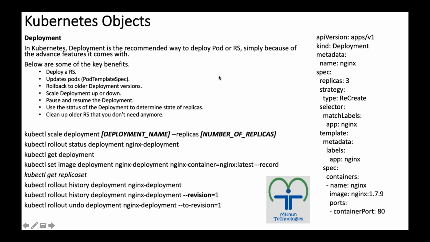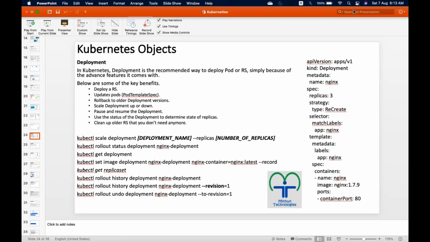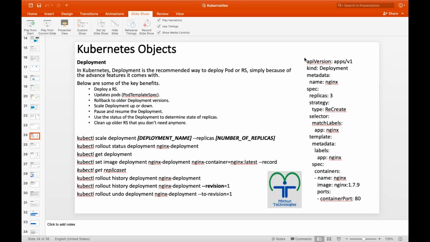If something is not working with your latest image, you can roll back to the previous versions of the deployment. Deployment also we can scale up, scale down, right?